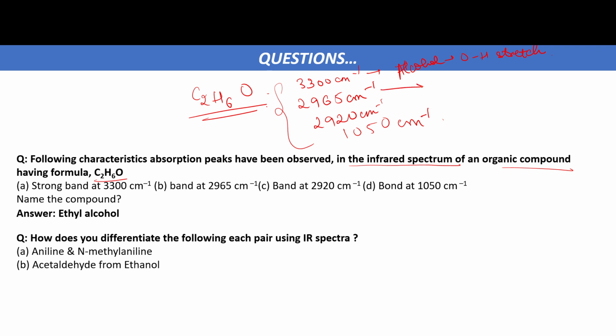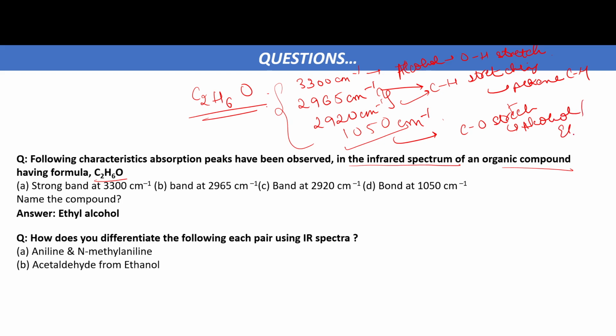The 2965 centimeter inverse we get for the CH stretch, which we see in the case of alkanes. Another band at 2920 is also for the CH stretch, and 1050 is for the CO stretch, which we see generally in alcohol or ether.